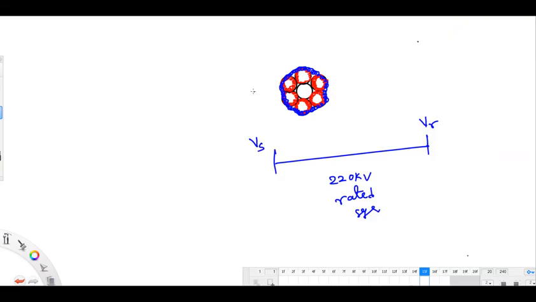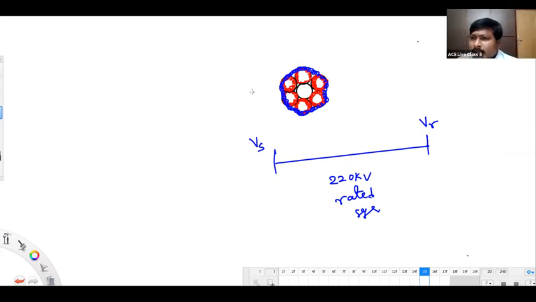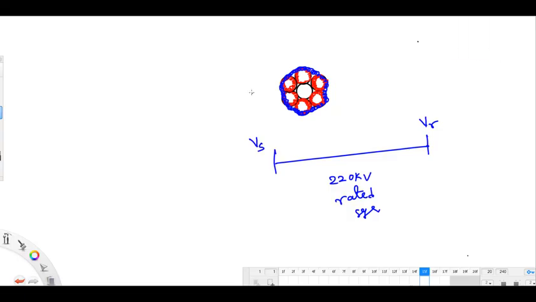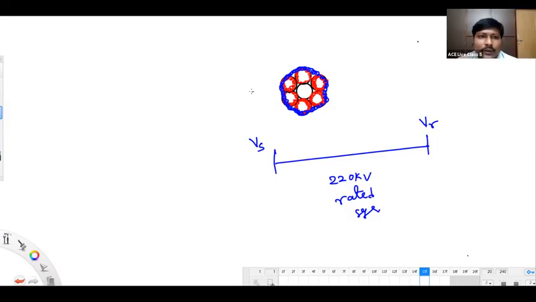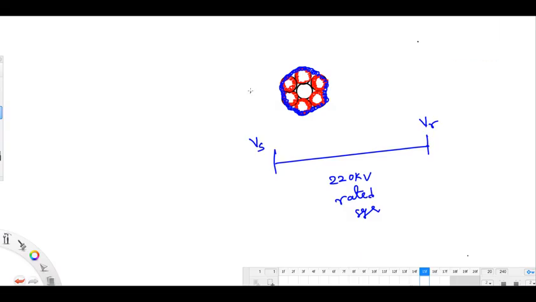Sir, what is the difference between operating voltage and rated voltage? What's the rated voltage of your house? 220 volts, single phase. 230? You have a panel board in your house, yes. How much voltage does it show?